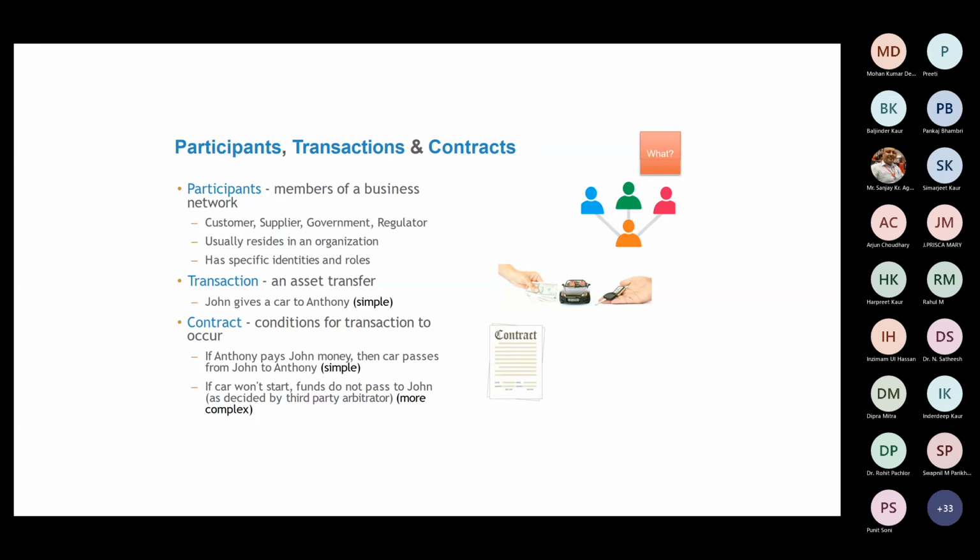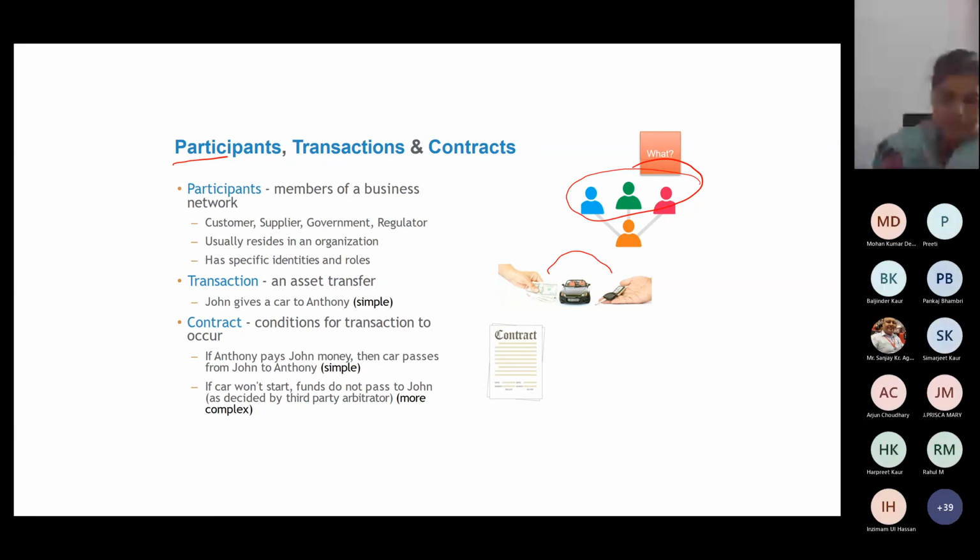There may be different participants associated. As I have already told you, different communities are interconnected and may have financial transactions, or contracts, and these contract transactions may be digitally signed.